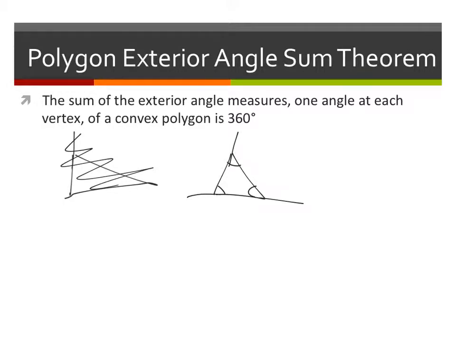Doesn't really matter which order you draw the exterior angles, as long as you form a linear pair with it. So if you have 60 each, because it's an equiangular triangle, that means each exterior angle, one at each vertex, must be 120 degrees. And altogether, they add up to 360. Let's see if it's true for rectangles.